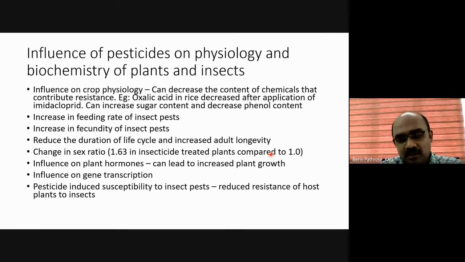We've seen a few papers which went into gene expression studies, on how the genes will be expressed because of pesticide spray.